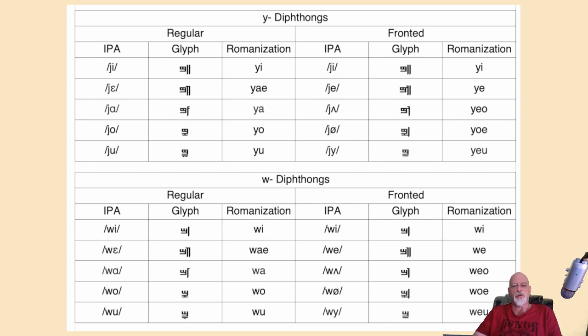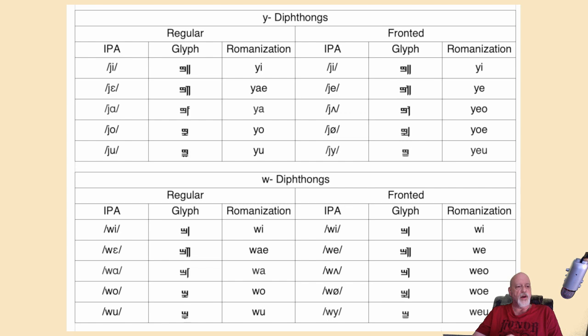Maerathi also has 2 sets of distinct diphthongs, vowel sounds that are combinations of other vowels. It has a Y series and a W series, which is to say that every one of the regular and fronted vowels can also appear preceded by a Y sound or a W sound.